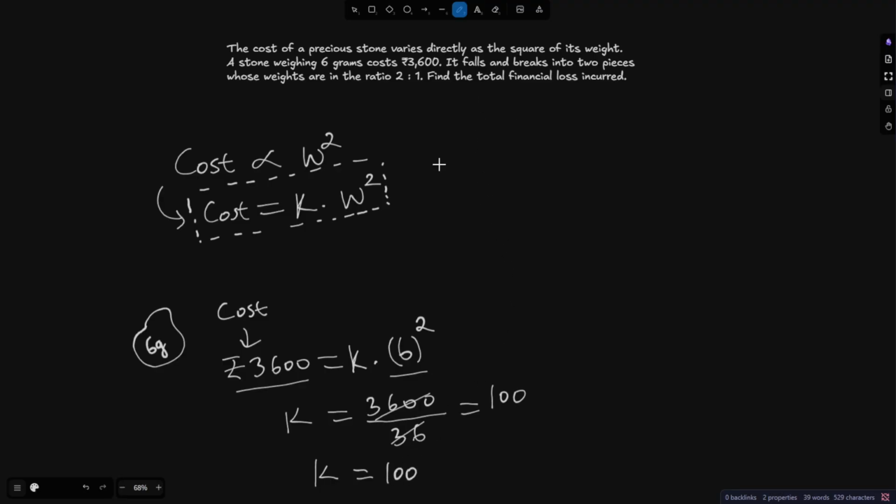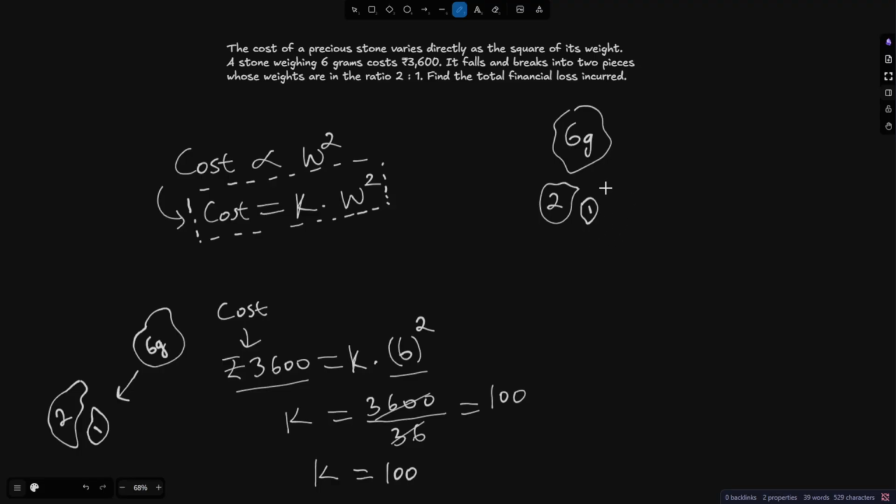Now, this same stone, it unfortunately breaks into two parts. And their weights are in the ratio 2:1. So let's draw it again. We have a 6 gram stone and it breaks into two parts, 2:1 ratio.